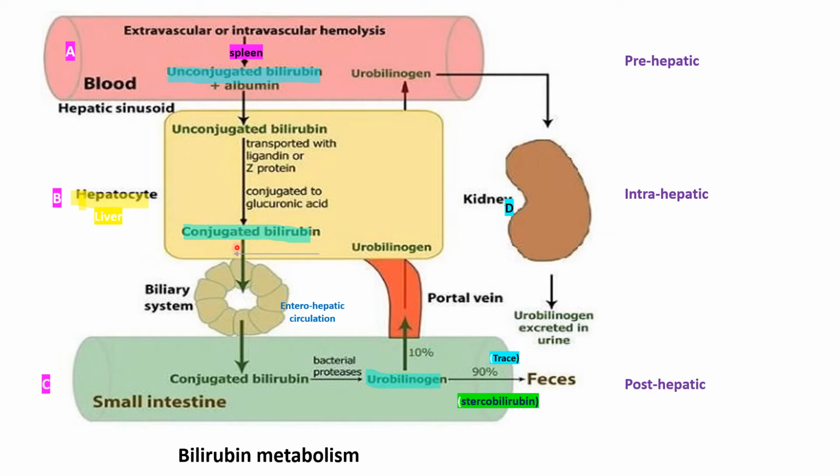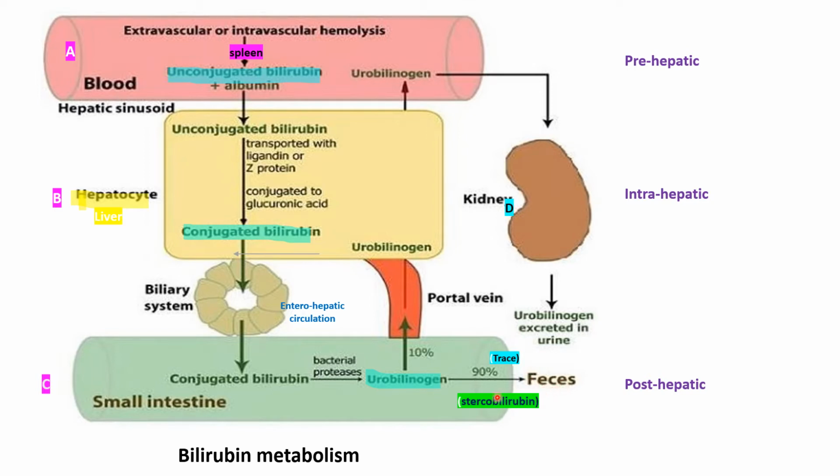This conjugated bilirubin is excreted into the bile ducts, which carry the bile from the liver into the second part of the small intestine, where the third phase of metabolism takes place. That is, the conjugated bilirubin is acted on by bacterial enzymes to produce urobilinogen. The vast proportion of this urobilinogen is converted to stercobilinogen and excreted in feces.